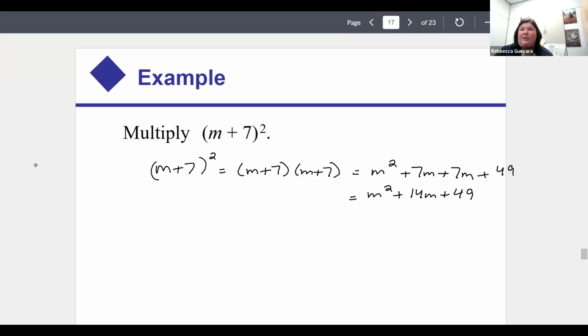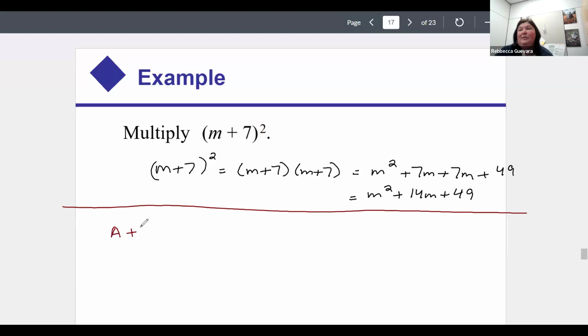However, I just want to encourage you to use some formulas and identify them. So if I have a plus b squared, and I know that if I FOIL this, expand it, we're going to get a squared plus 2ab plus b squared.